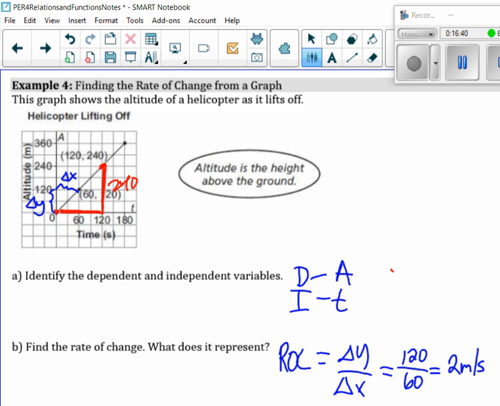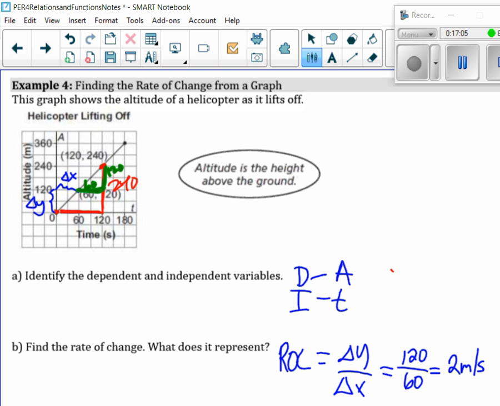I could also pick these 2 points, right here and right here. It's a little harder to get, though, because this would be a height of 240 to 120. So this one would be 120 this way, and this would be from 120 to 60, so it would be 60. But either or, you get 120 divided by 60, and you still get 2 meters per second. Do you see? Doesn't matter which 2 points you pick.